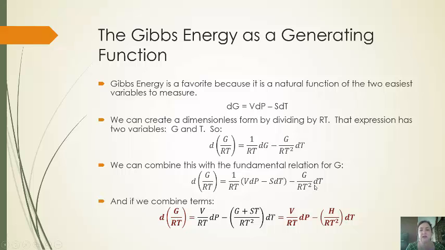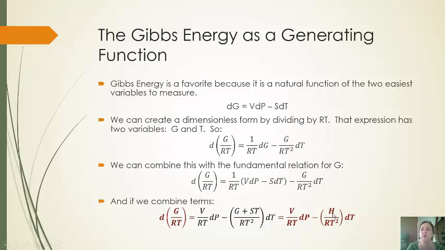Okay, so I have a dT here, I have a dT here. Let's combine them. I end up with V over RT dP minus (G plus ST) over RT squared dT. Now this may at the moment look like, oh my goodness, what a mess. But G plus ST, if you play with the variables a little bit, turns out that that's exactly the same thing as H. So V over RT dP minus H over RT squared dT is the change in G over RT.